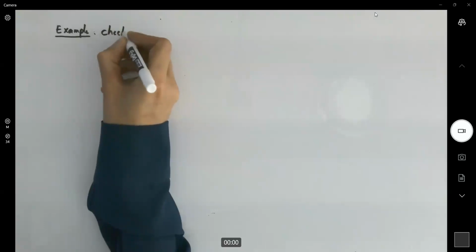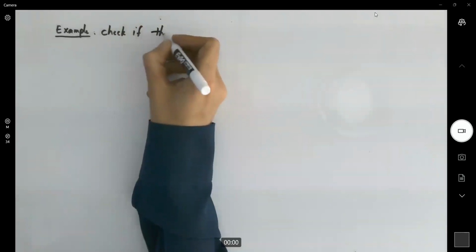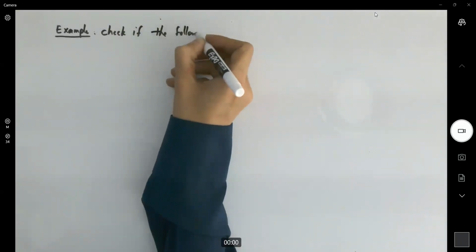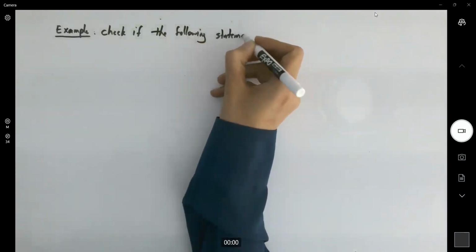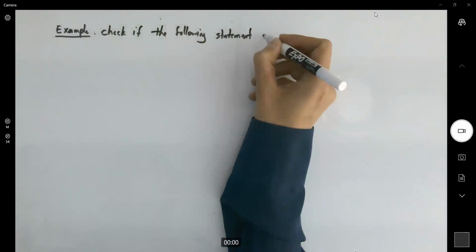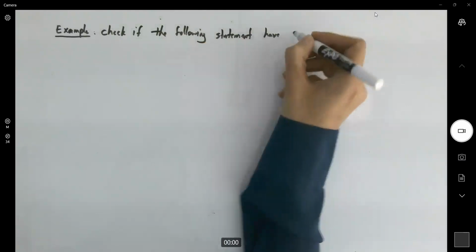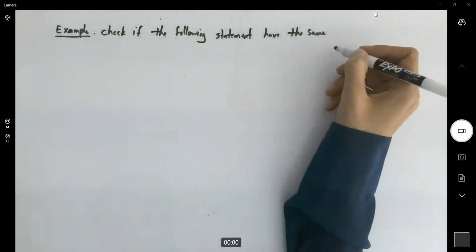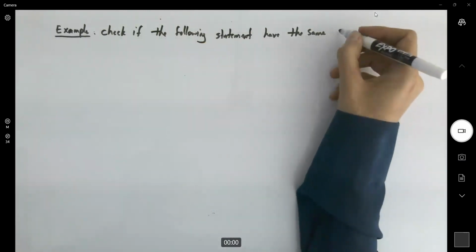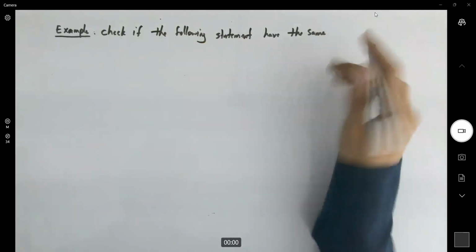Check if the following statements have the same values.